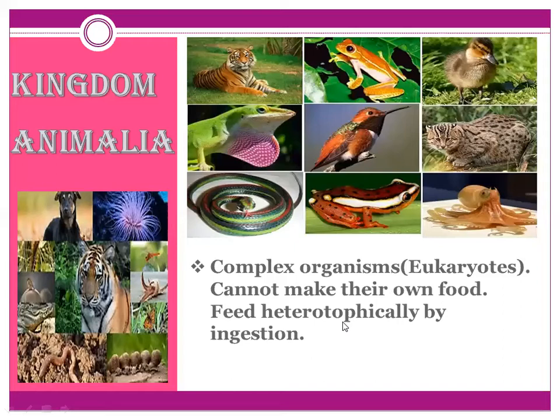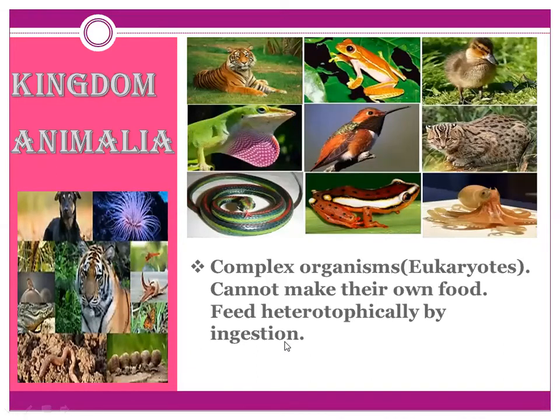Animals are heterotrophs because they depend on other living organisms, and plants are autotrophs. Autotroph means they can make their food by themselves. We feed heterotrophically by ingestion. First we take our food in our mouth, then we digest it, and then our bloodstream absorbs that digested food through the wall of the intestine. That's why we feed heterotrophically by ingestion.